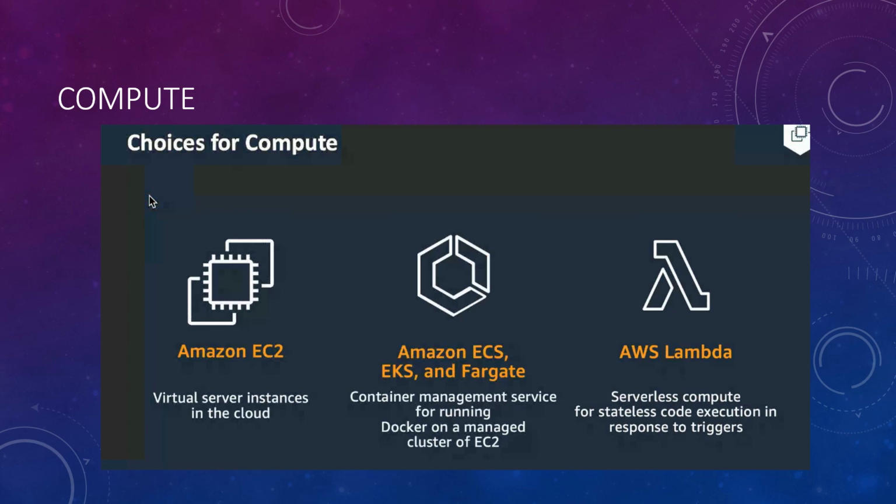Kubernetes is also a fairly common way of managing containers in the industry generally. For example, in Azure they have AKS, which is Azure Kubernetes Service, and Google has their own Kubernetes as well. You're probably going to see more and more of Kubernetes and less of Docker and the container management service. Then Fargate is a bit like running containers in the cloud, but Fargate is for longer running containers.